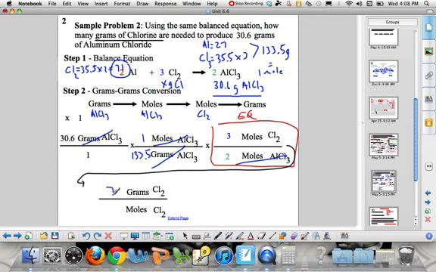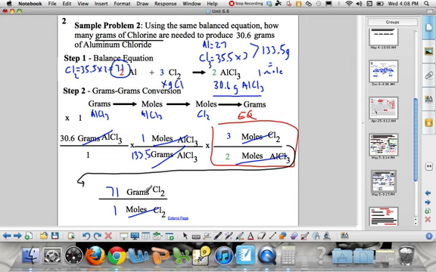So we just said there's 71 grams in 1 mole of chlorine. You know how to do that conversion. You watched it when you did the moles to grams, grams to moles problems. You know how to do it. Don't freak out. You just got to bring back that memory.